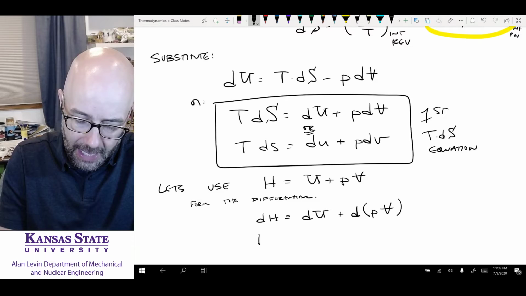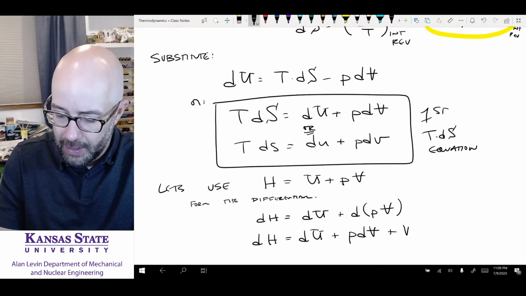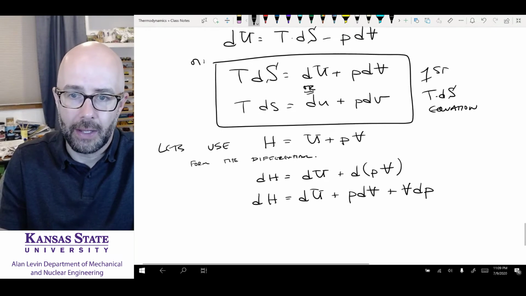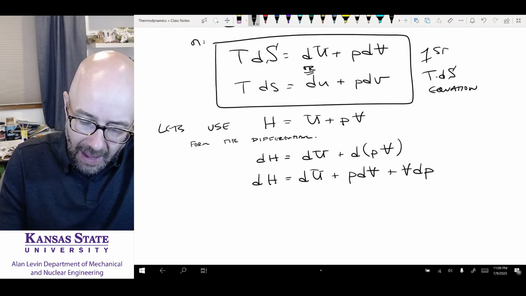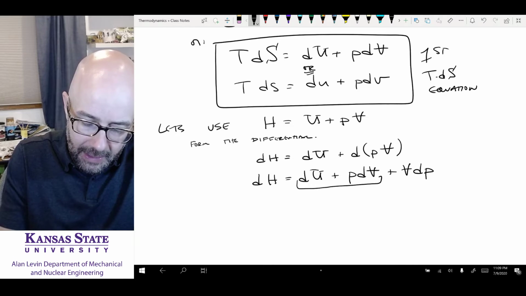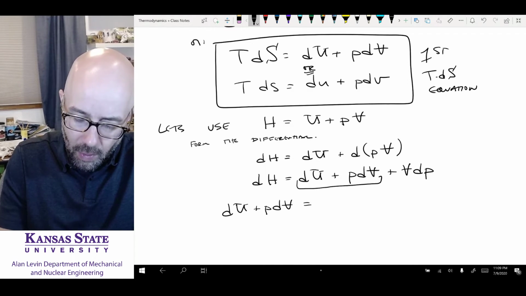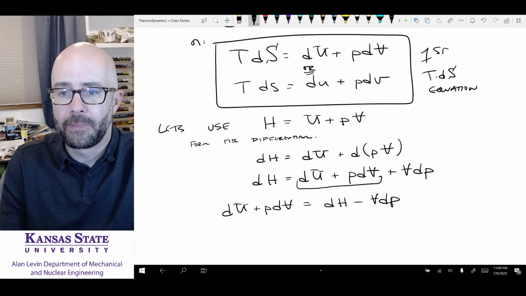So we're going to have dH is equal to dU plus P dV plus V dP. Remember that from our days in calculus. Look what happens here. We have dU plus P dV, which is going to equal dH minus V dP.